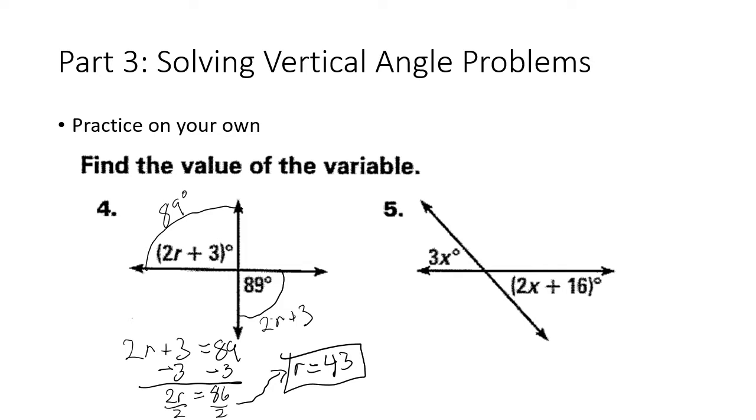With number 5, exact same idea. We've got 3x on one side, we've got 2x plus 16 on the other. From there we take 3x equal to 2x plus 16. When you have the situation where the variables are on both sides of the equal sign, all you have to do is pick one and eliminate it.